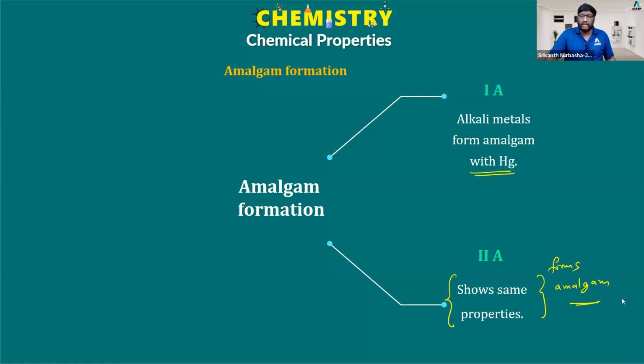There you do not compare the standard electrode potential values, because the reduction of sodium in the presence of mercury electrode happens easily; the reduction potential has decreased, so Na plus can be easily reduced. Na plus reaches the mercury cathode, and there you have the sodium amalgam formation.